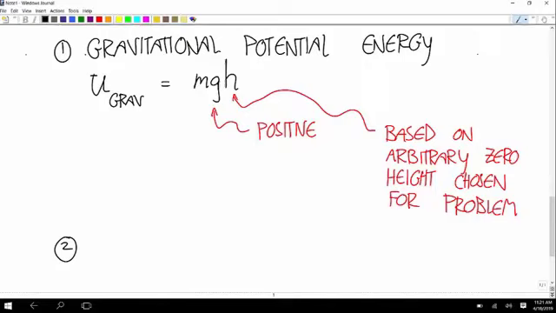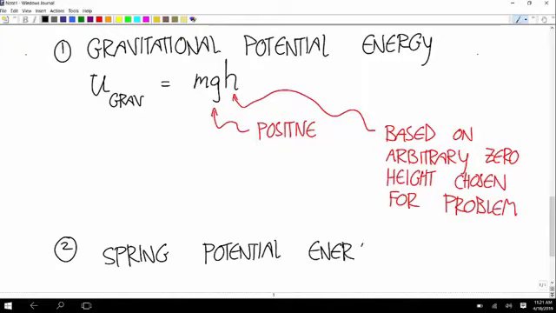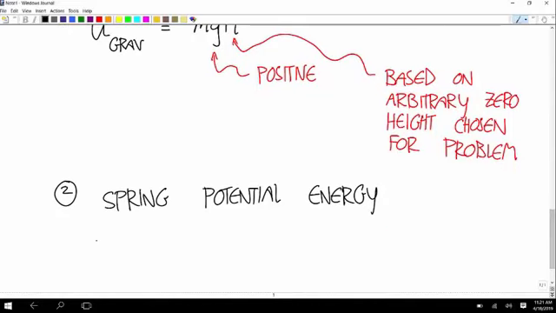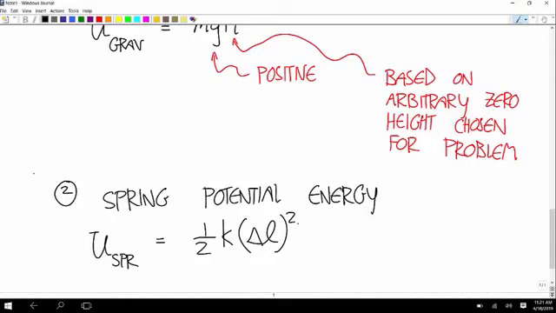And now for a spring, the spring potential energy function is equal to 1/2 times k times delta L squared, where delta L means the same thing it did in the spring force equation.